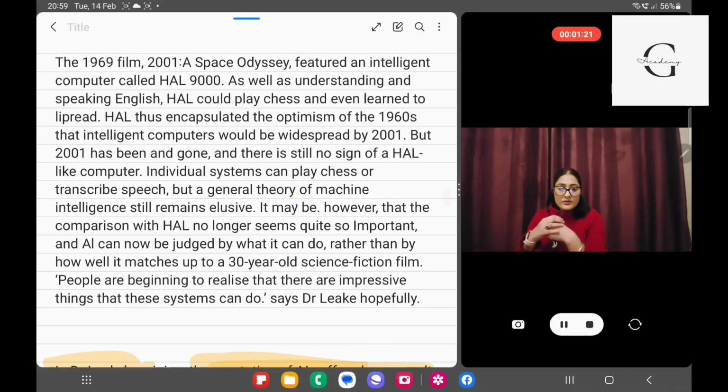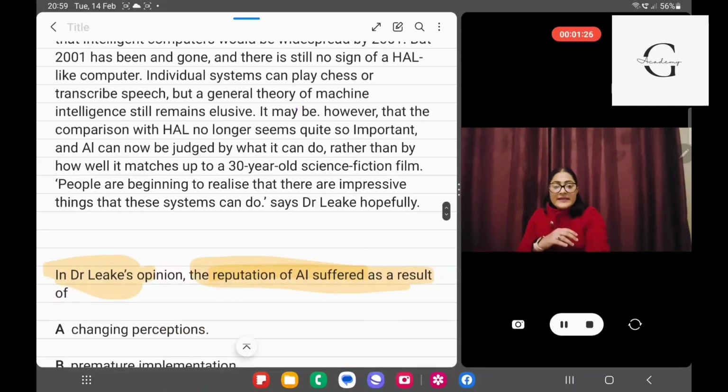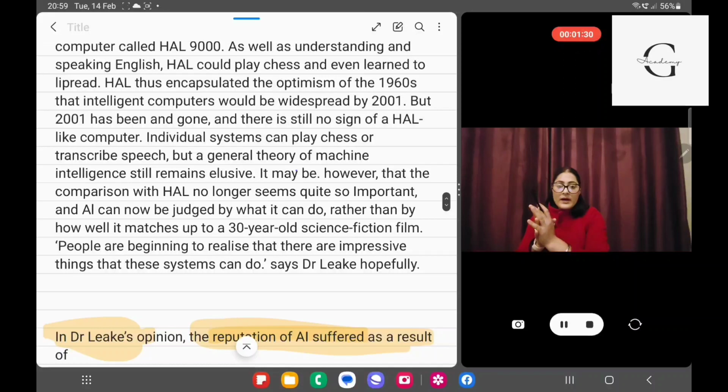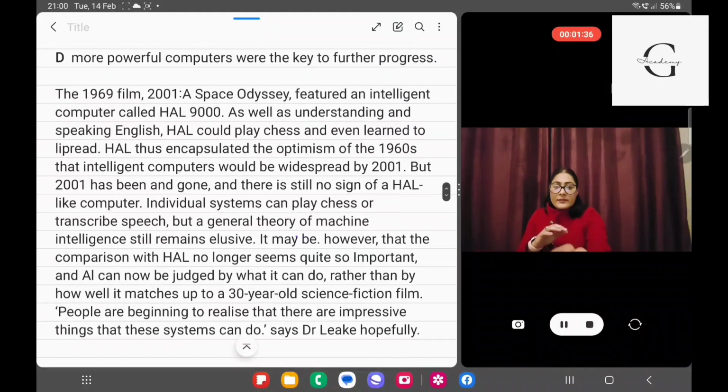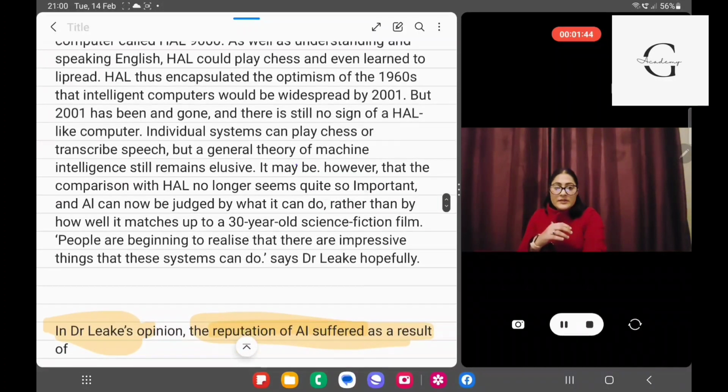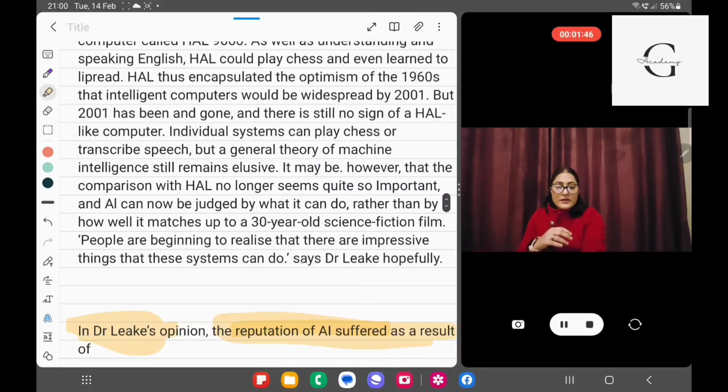So the keywords were Dr. Lake and reputation of AI. So I can see Dr. Lake. You have to look for Dr. Lake. Yeah, it's at the end of the paragraph, you can see here. So here it says Dr. Lake. So I have to read this paragraph.